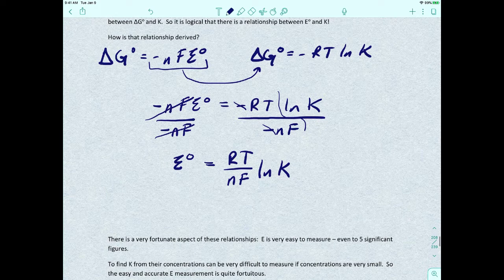Now, just to make sure that we're all on the same page, the Nernst equation, what we've been using so far, says this.